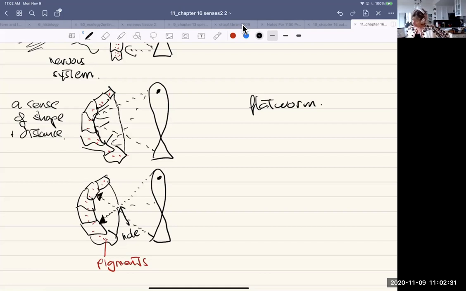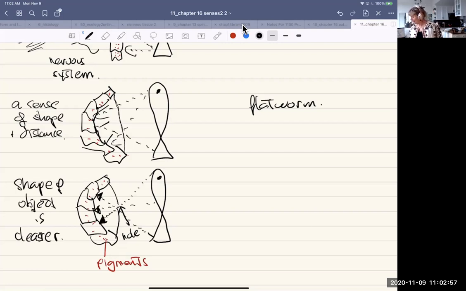And light from the middle will hit the middle cell. So then this animal will get a sense of the shape. So the shape of the object is clearer, although it will be reversed for the animal.